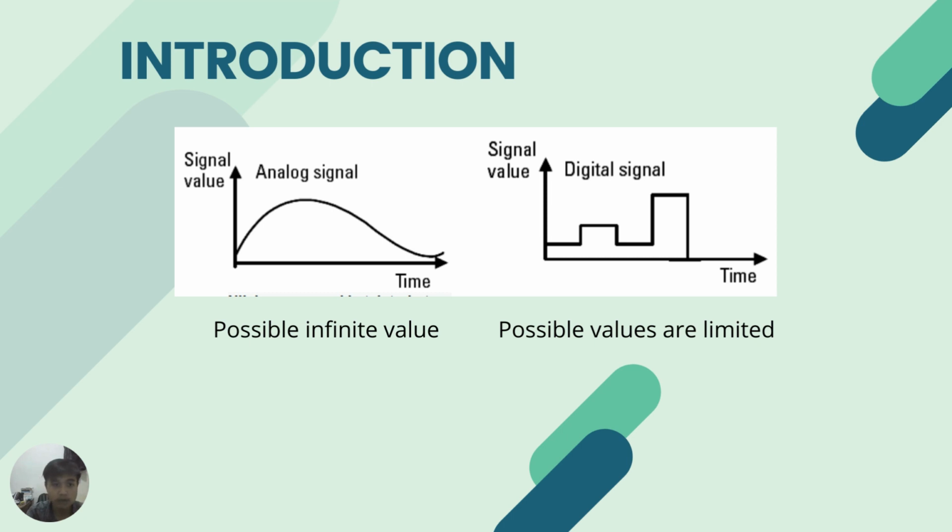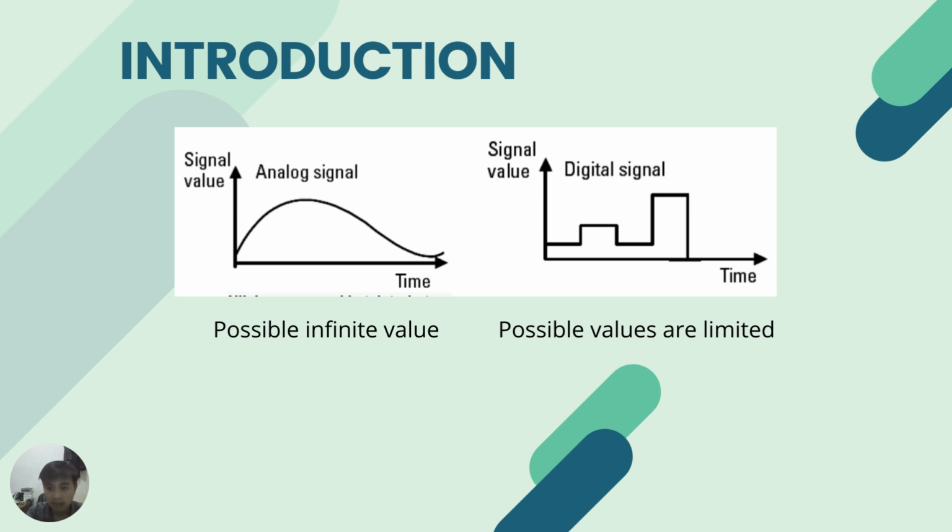Because in real life we only have analog signals, and all of today's technology is digital. Also, noise is not accumulated in digital signal processing, and compression and manipulation of the digital signal are possible.